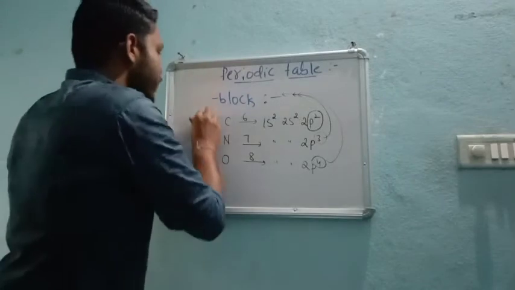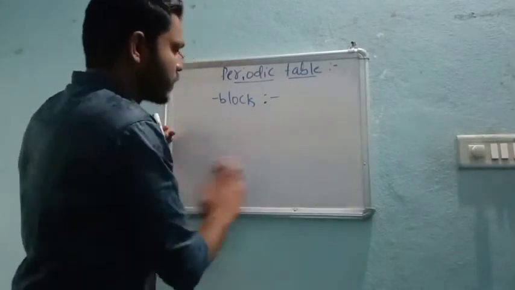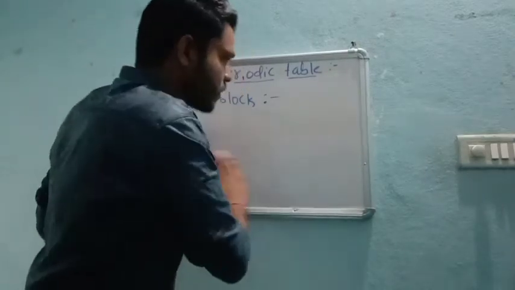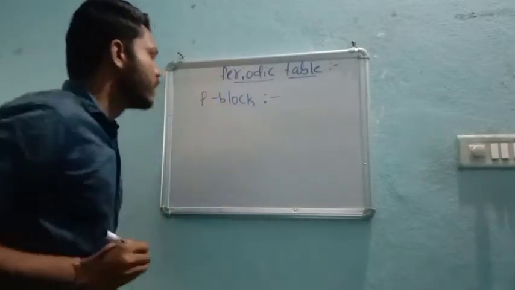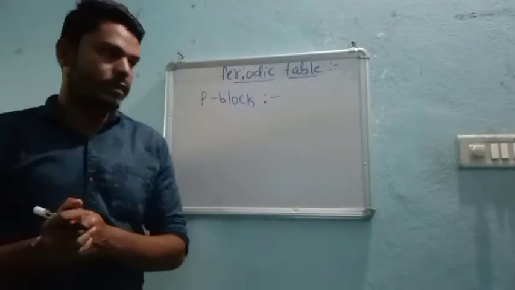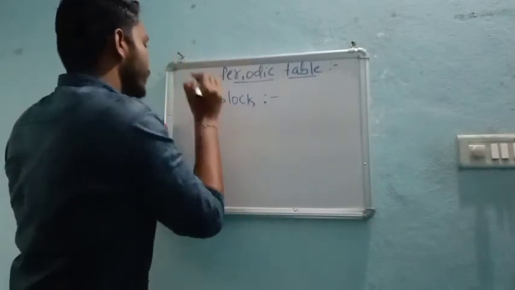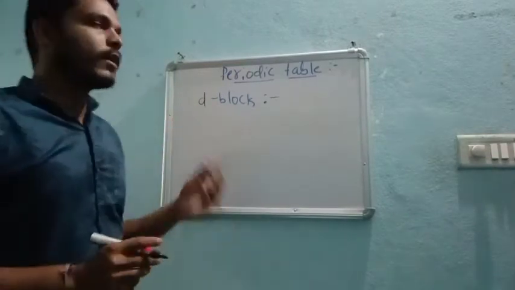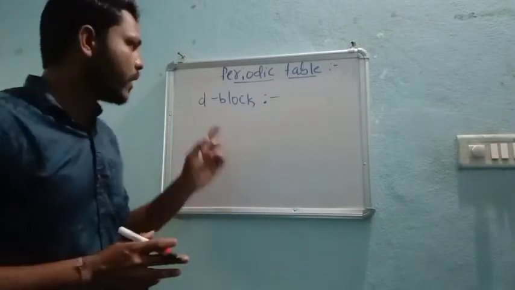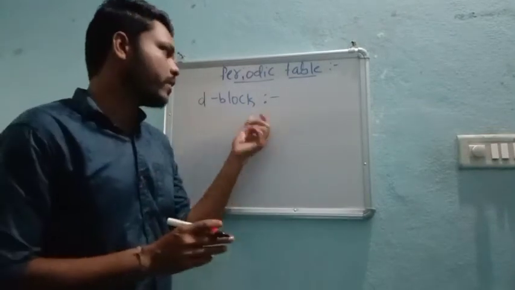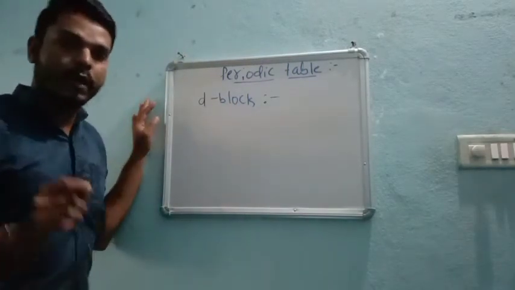Next are d block elements. The d block elements are very important for the second year classes, so this is the basic thing to understand: what are p block and d block elements. If the differentiating or last electron enters into the d subshell, then those are called d block elements.